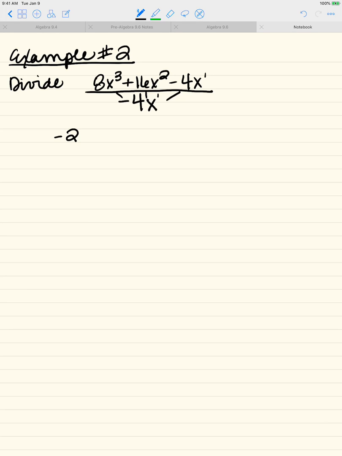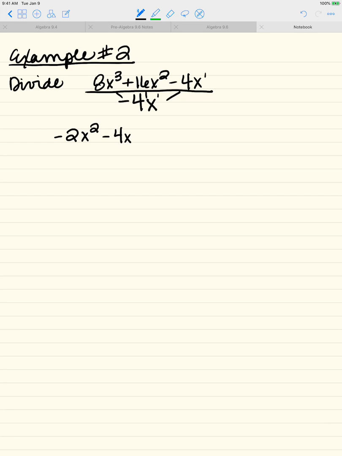X cubed divided by x is x to the 3 minus 1. So that becomes x squared. Now we have 16 divided by negative 4 gives us a negative 4. So that is minus 4. X squared divided by x, x to the 2 minus 1. So that's just x to the 1, or x.